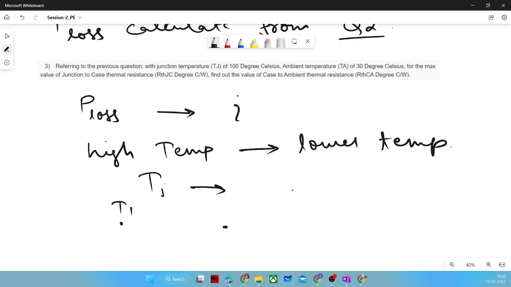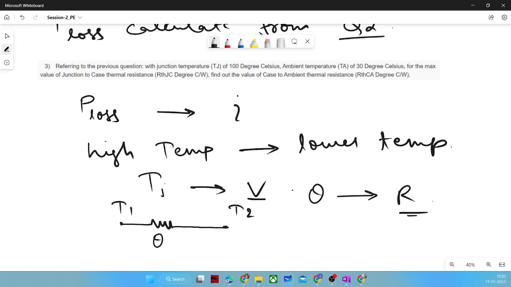Let's assume T1 to T2, and this thermal resistance is connected. This thermal resistance is written as theta, which is similar to the resistance we see in our circuit. So these temperatures are similar to our voltage, and this theta is in degree centigrade per watt.